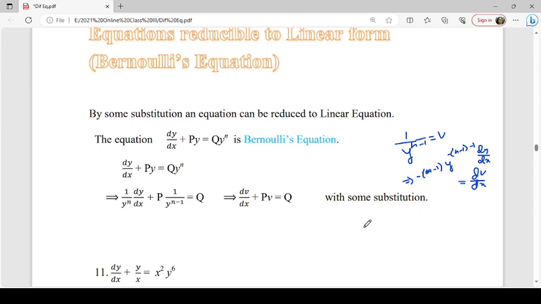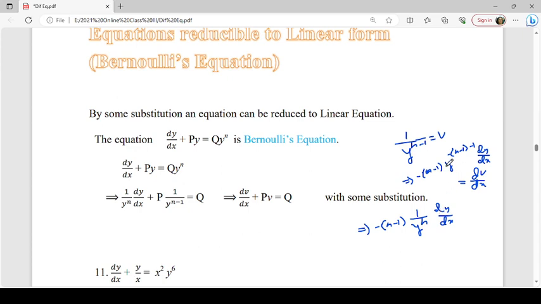Now we have y to the power minus n plus 1 minus 1, which means y to the power minus n. So you write minus (n minus 1), then 1 by y to the power n, dy dx.